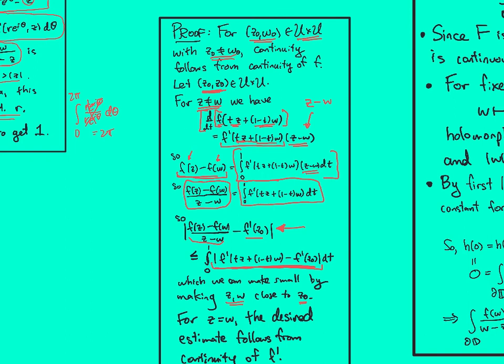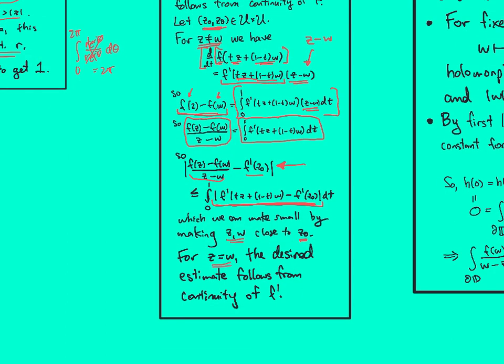So that means that we can prove the continuity at z0, z0, at least using points that are off the diagonal, but for points on the diagonal, the desired estimate also follows from the continuity of f prime. So I won't do all the epsilons and deltas, but this is the basic idea. So this establishes the three lemmas that we needed to prove the Cauchy integral formula on a circle. So now let's look at some of the really important applications.